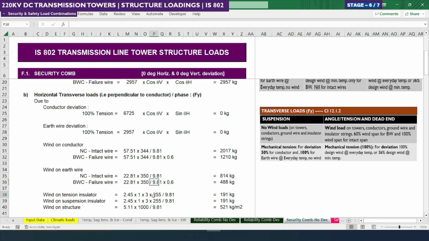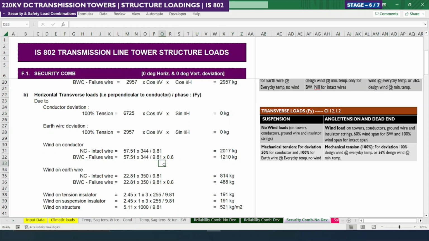So remaining thing we need to calculate same as earlier for reliability level. And here also you can see that 100% tension we need to consider for angle and dead end tower. So in that again, if there is a deviation, we need to apply those deviations, so that we will be getting the transverse load in that case.